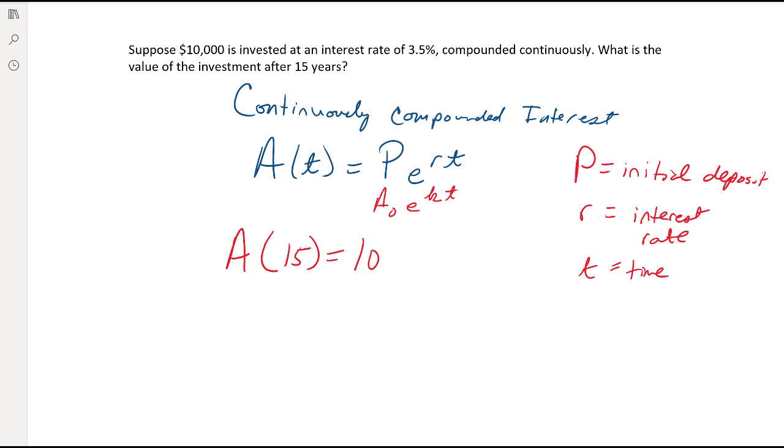It will be the $10,000 that we initially invested times e raised to the interest rate, which is 3.5%. Remember to always make your interest rates decimals. So 3.5% is 0.035. Take 3.5 divided by 100. Times t, which is going to be the 15 years. So let's see what that gets us.